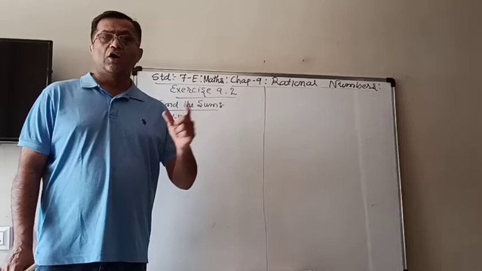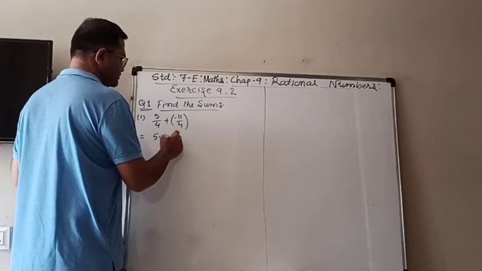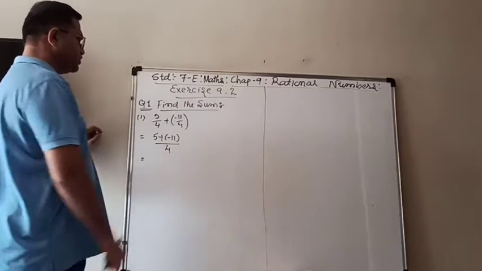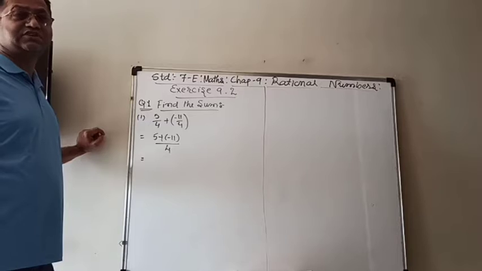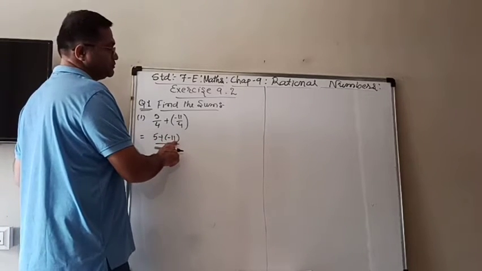We have to add the numerators only, keeping the same denominator. So the 4 I keep as it is and add 5 plus minus 11.